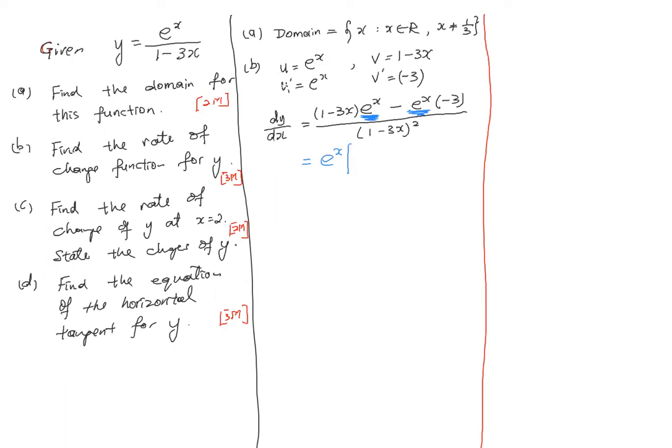Open bracket, 1 minus 3x, take away negative 3, divided by 1 minus 3x squared, equal to e to the power x times 1 minus 3x plus 3.